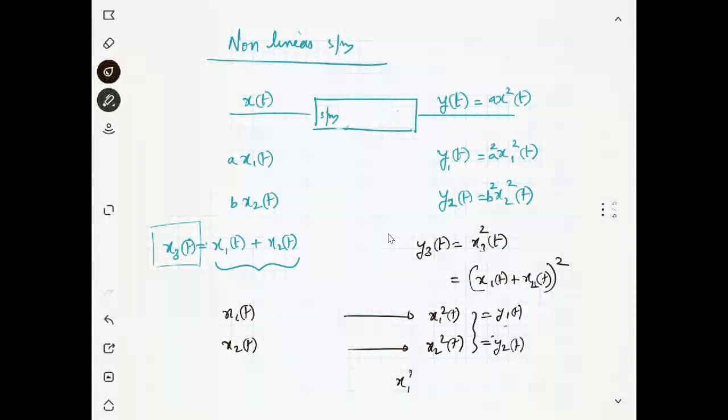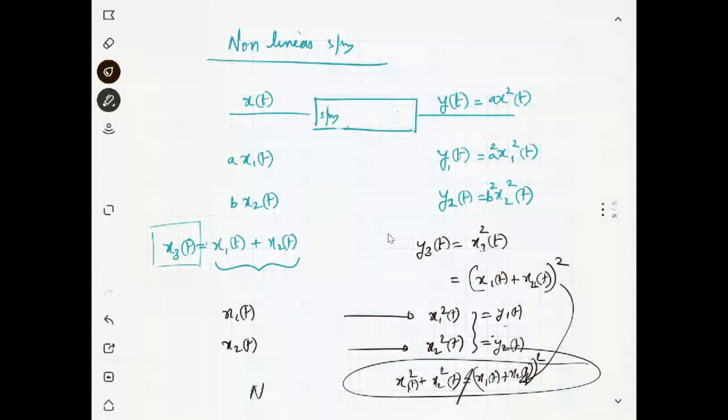If you add x1 square of t plus x2 square of t, and compare it with x1 of t plus x2 of t the whole square, is it equal? It is not the same. That is non-linear. So that is a non-linear system.